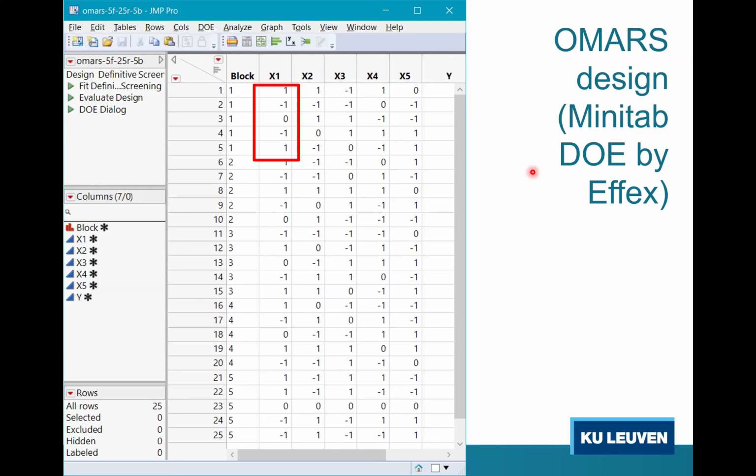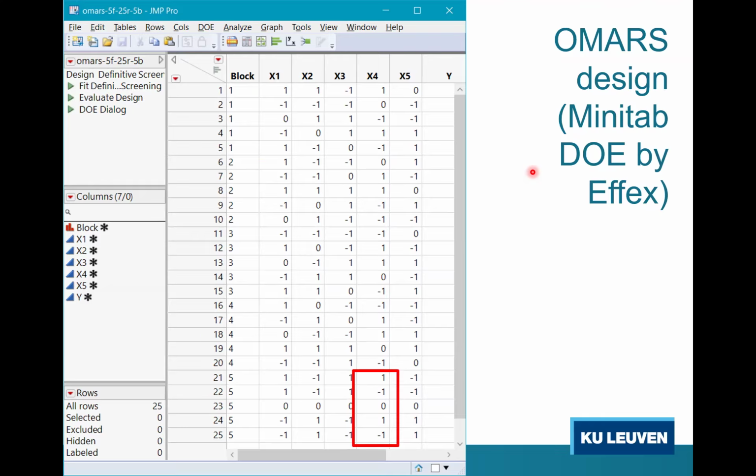And when you look at the 5 values in these red frames, you can see that they always average to 0. That is true for every X in every block in this particular arrangement. So that's one of the technical things we achieved with our linear programming technique.